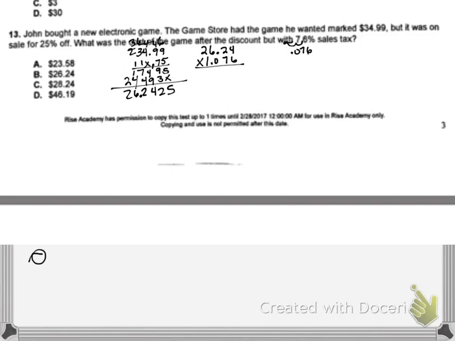Alright, so this is going to be a little bit long multiplication here. Then a row of zeros, and then move over 3 times.